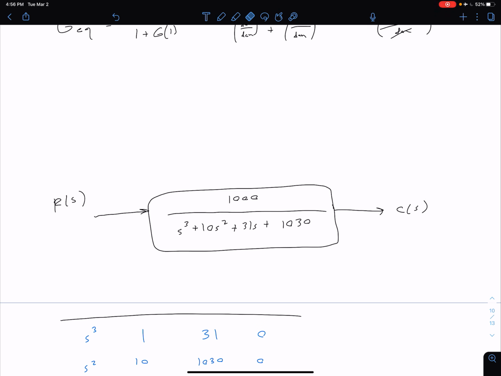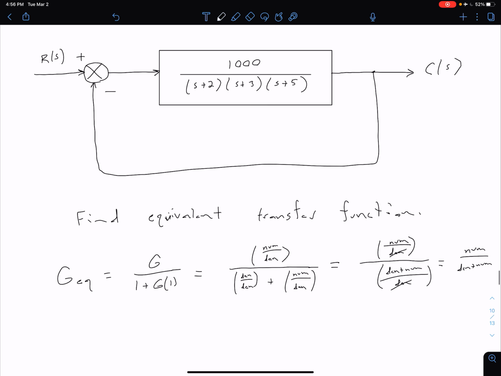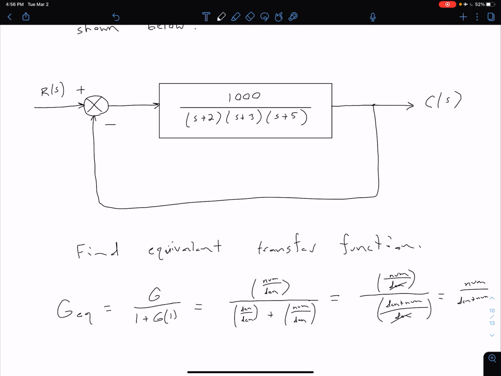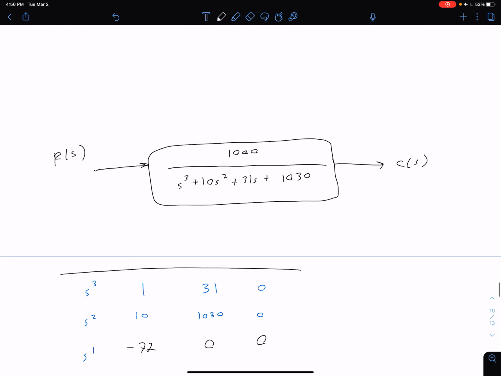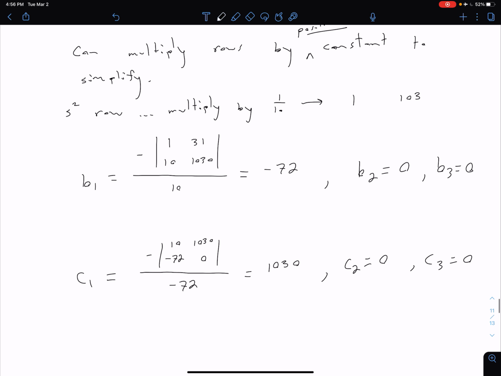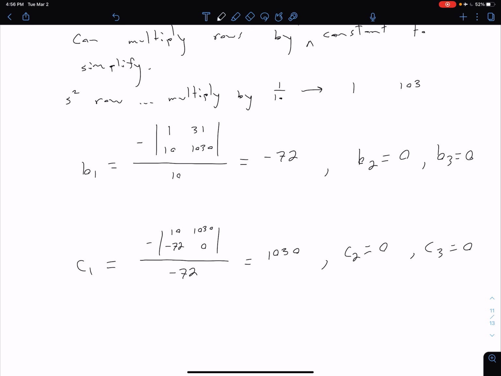And then another, more general question that you might be asking is, well, we've looked at how to do some of this stuff in MATLAB or with a calculator, so I could find my equivalent transfer function pretty easily. And then from here, I could just use a function to figure out what my 3 poles are for this equation here. And so that's 100% true. We could know the exact locations as opposed to the general locations.